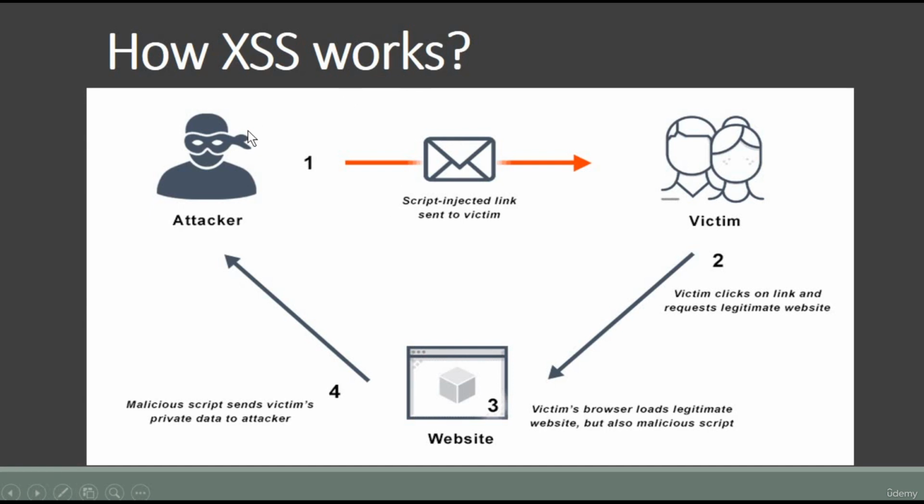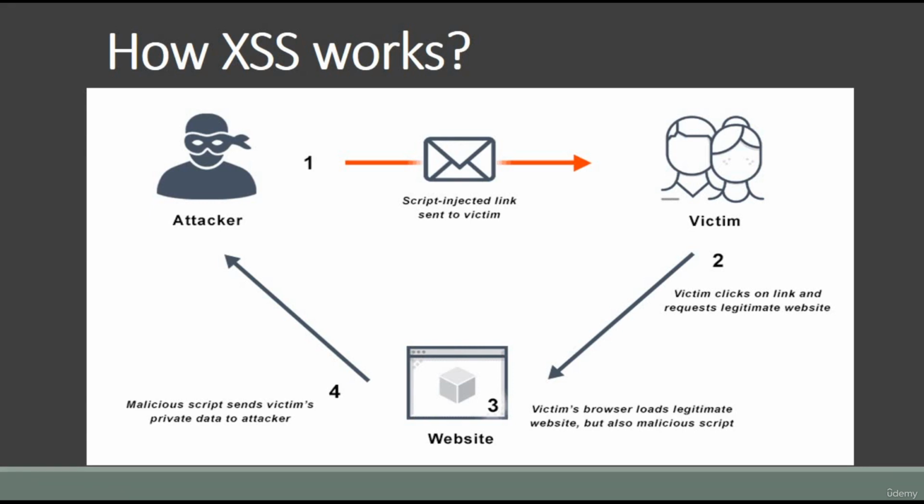So let's say you are a hacker, you are an attacker, right? So this is you. Firstly, you send a script which is injected in a link to the victim, and the victim clicks on the link and requests the legitimate website, right? The victim's browser loads the legitimate website, but here is the trick.